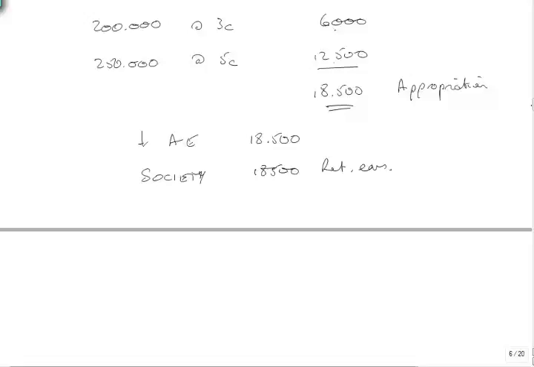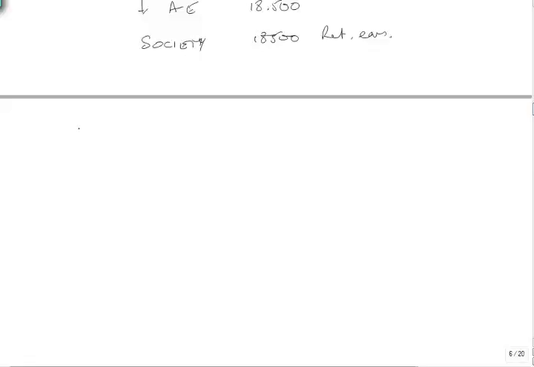Now we've also got something else to do with these shares. It's a little bit naughty, isn't it? We issued 50,000 shares at 42 cents. That 42 can be split down into 20 cents capital and 22 cents premium.